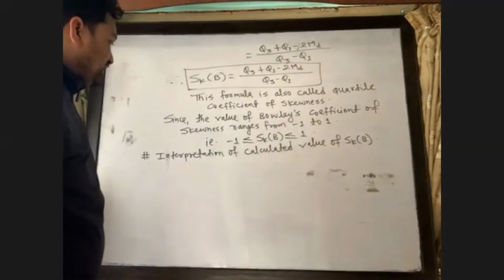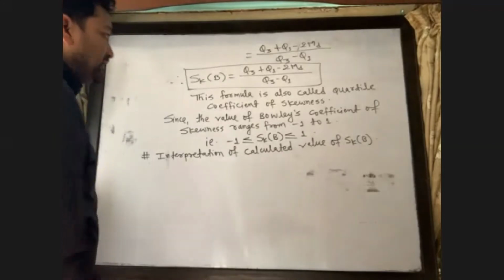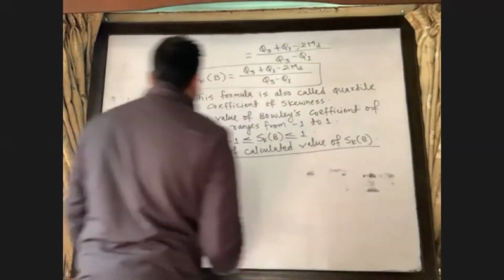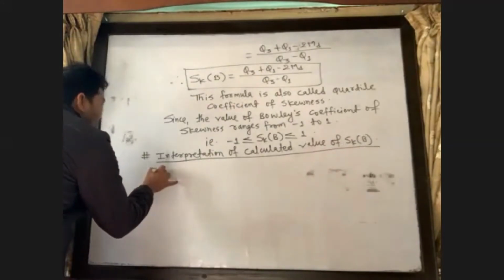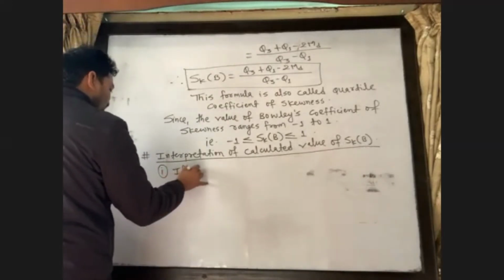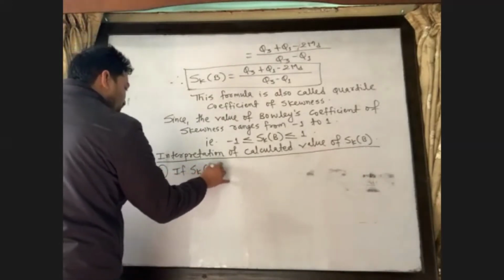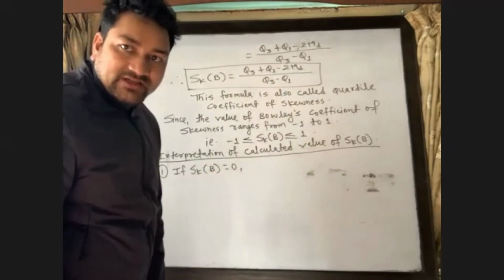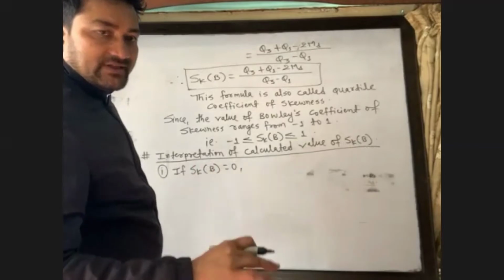Interpretation of calculated value of SKB, Bowley's coefficient of skewness. भनेको Bowley's coefficient of skewness को भ्यालु पनि के हुँदा कस्तो हुन्छ भनेको that we are going to write here. If SKB को भ्यालु exactly 0 आयो भने the distribution is said to have no skewness.